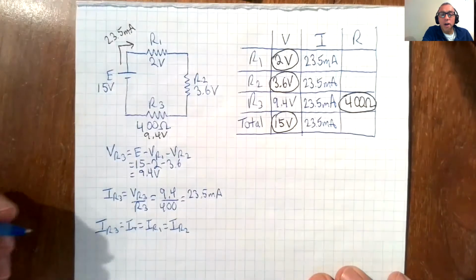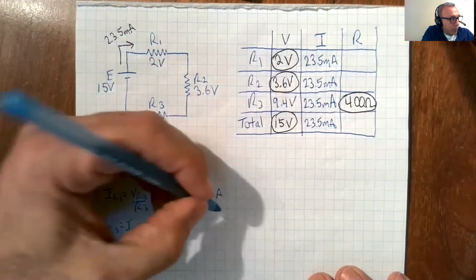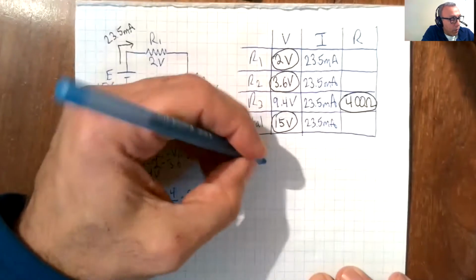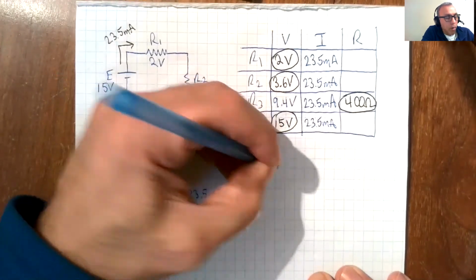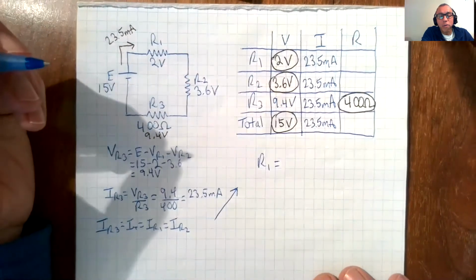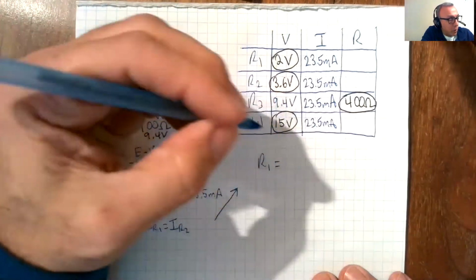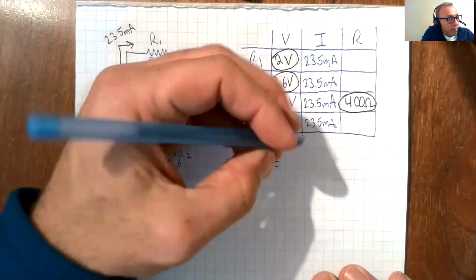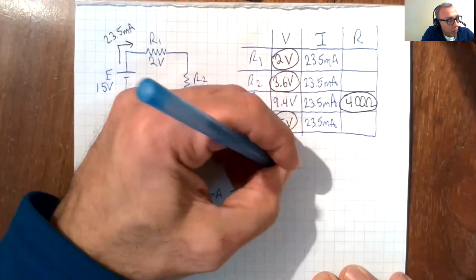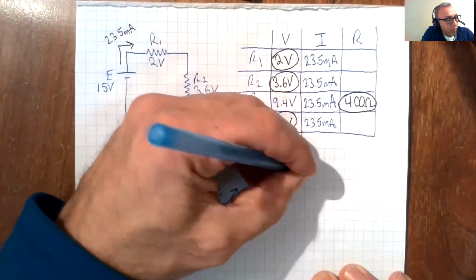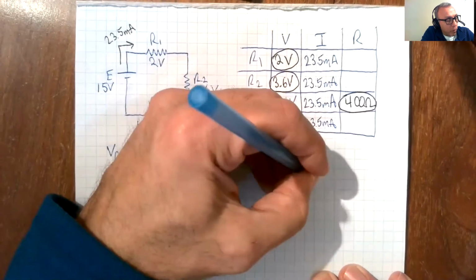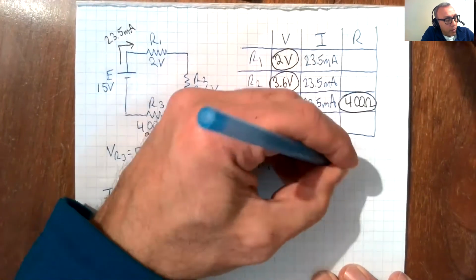Okay. So to find R1, if I is equal to V over R, then R is equal to V over I. So R1 is equal to VR1 over IT, which is 2 volts over 23.5 milliamps.